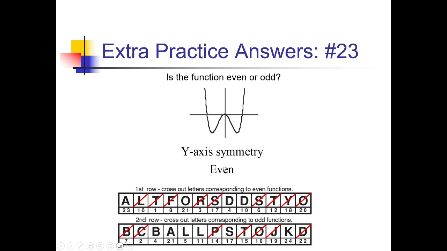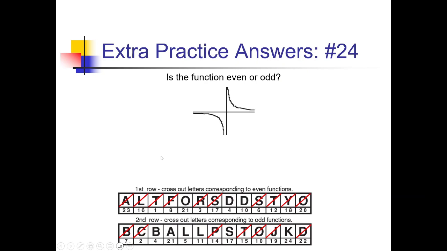So that makes this an even function. So above 23 in the top row, we've got this A that we're crossing off. And now our final problem, 24. It does not have y-axis symmetry, but if you rotate it 180 degrees, you've got the same picture. So that's origin symmetry, giving us an odd function for this. So bottom row, above 24, we've got this K right here.